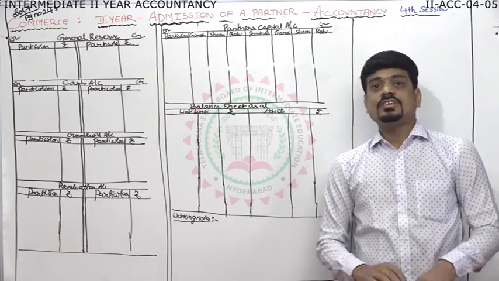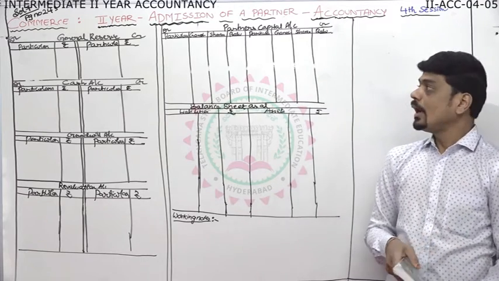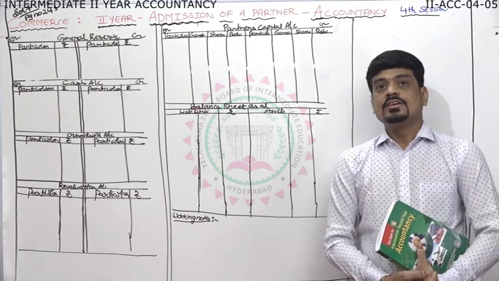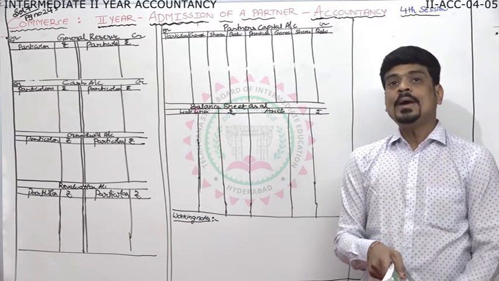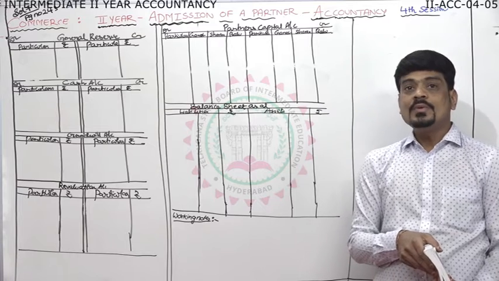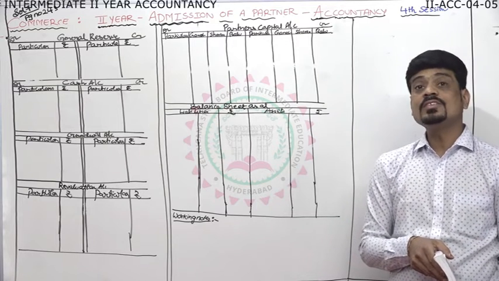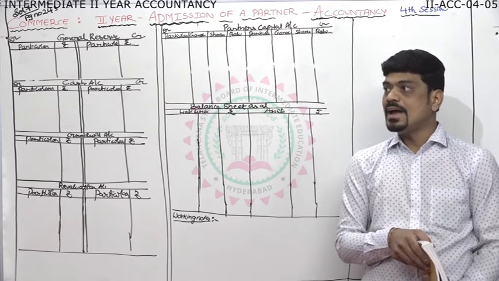In yesterday's session, we learned how to do the solution for admission of a partner when the new partner brings goodwill in cash. That was the first case of goodwill we have learned.